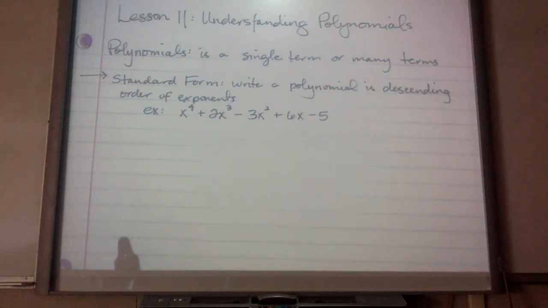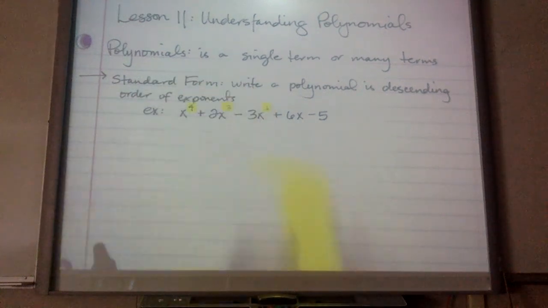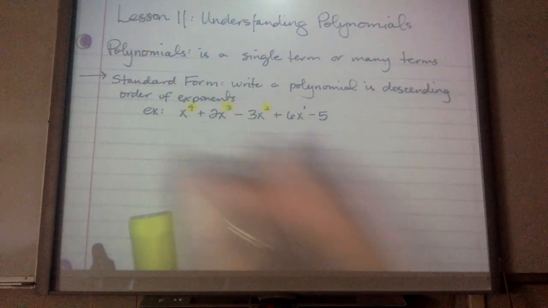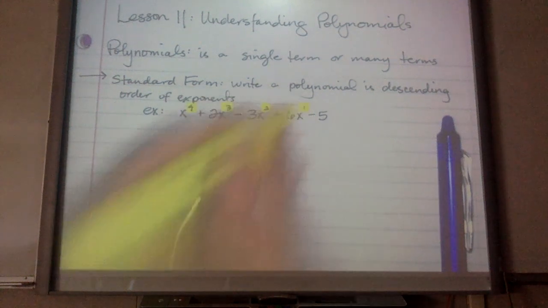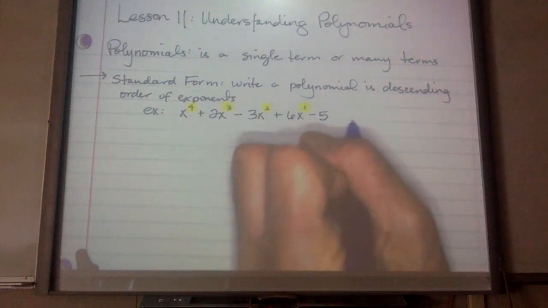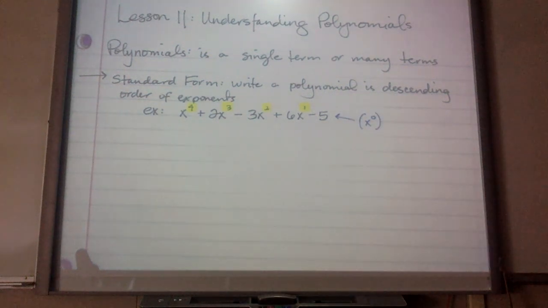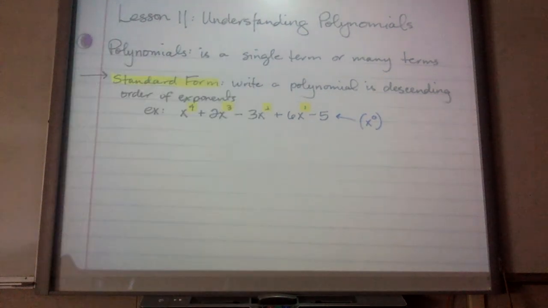So let's look at those exponents. Each of these is in descending order, 4, 3, 2, 1, and technically that last term has an invisible x to the 0, but x to the 0 equals 1, so it is in perfect descending order. So that's the first thing, standard form.